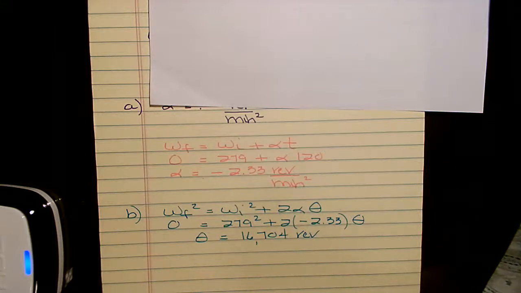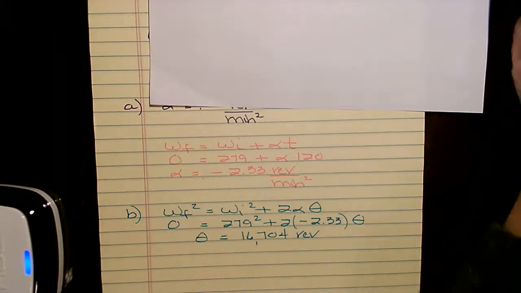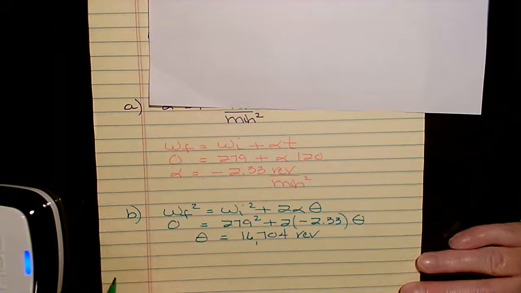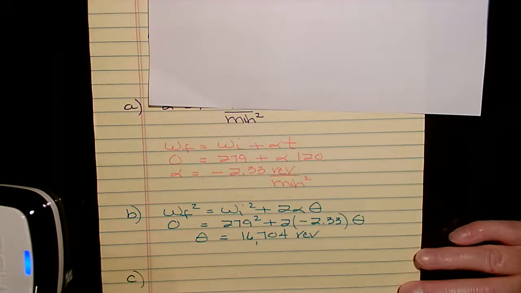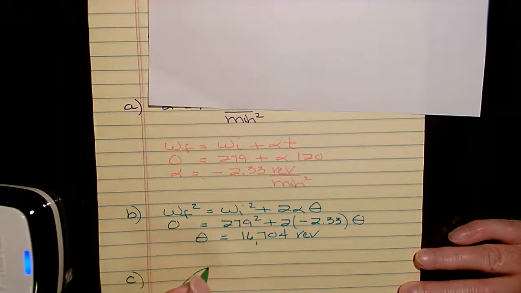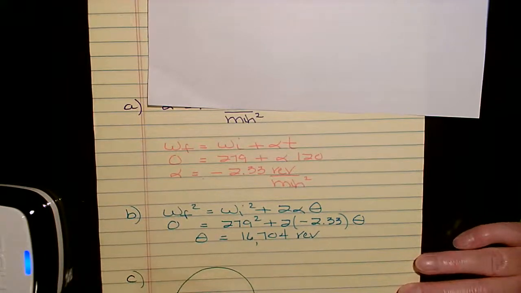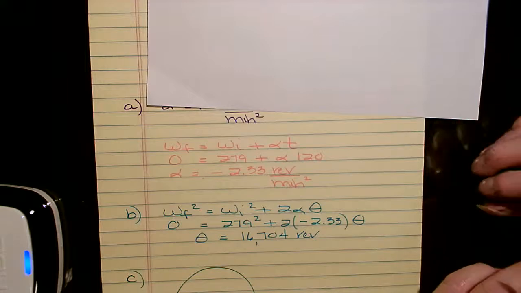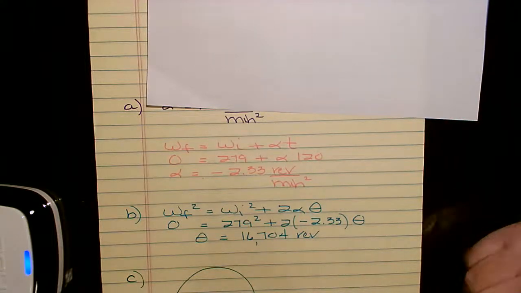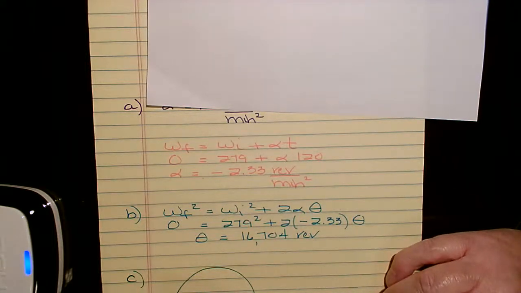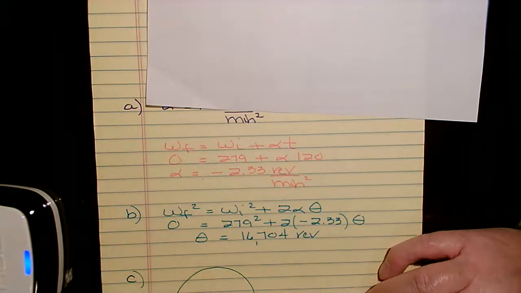All right, so let's start by drawing a picture of what that just said. So we're moving on to part C. And I'm going to draw this picture kind of big so that I can kind of see it. So we have a particle that is 50 centimeters from the axis of rotation.